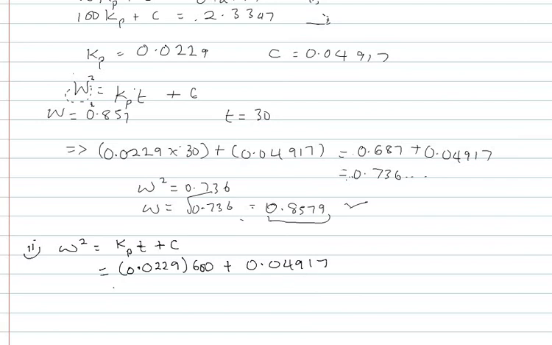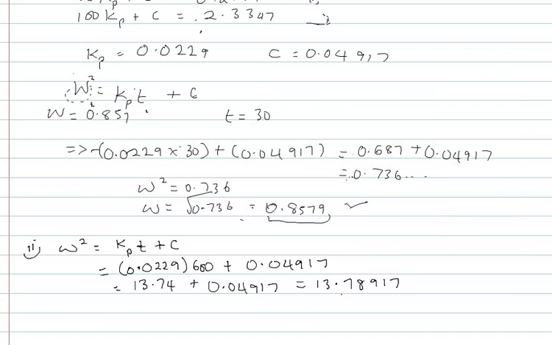Hence, if you calculate the 0.0229 by 600, it will give you a value of 13.74. You add it up to 0.04917. That's it. It gives you 13.78917. But remember, we're asked to calculate W, not W squared.